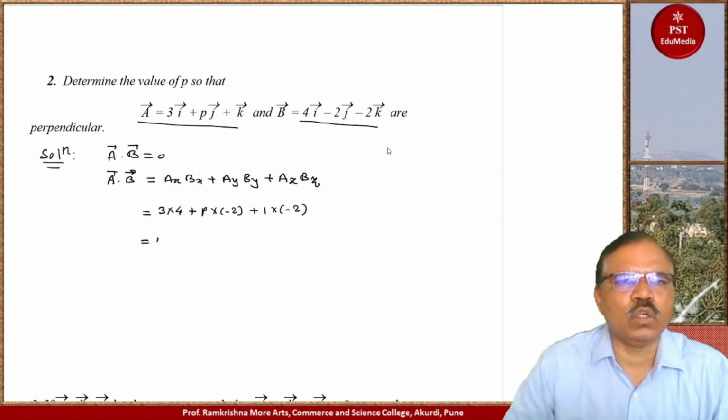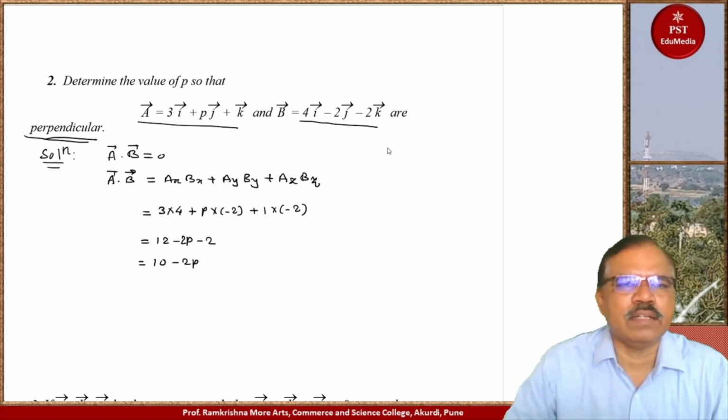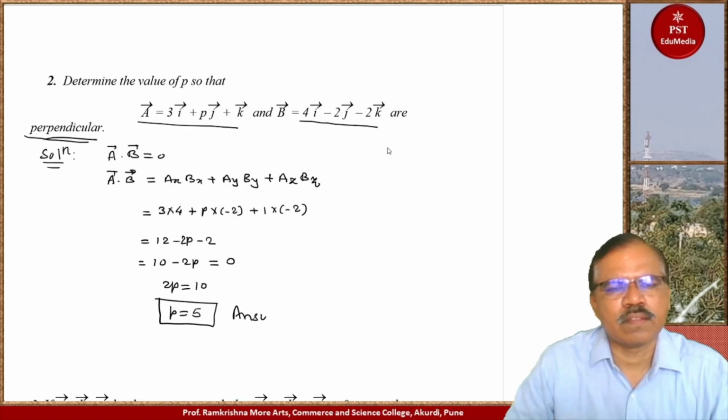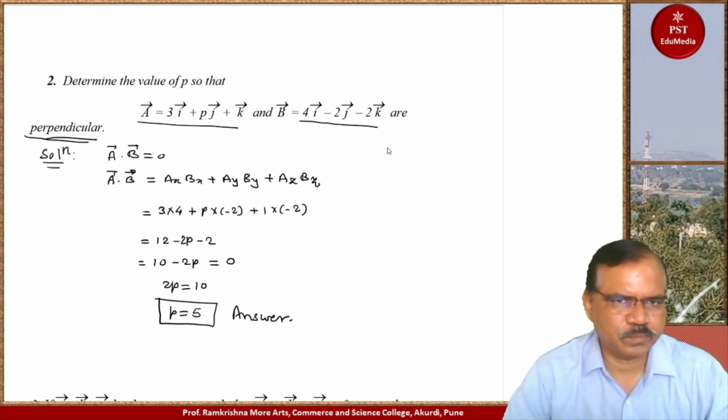So we get 12 minus 2p minus 2, so you will get 10 minus 2p. But if vectors are perpendicular to each other, A dot B will be equal to 0. So 10 minus 2p is equal to 0, so 2p is equal to 10, so p is equal to 5. And this is the answer.